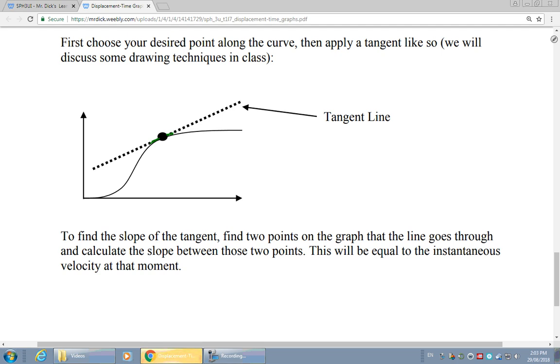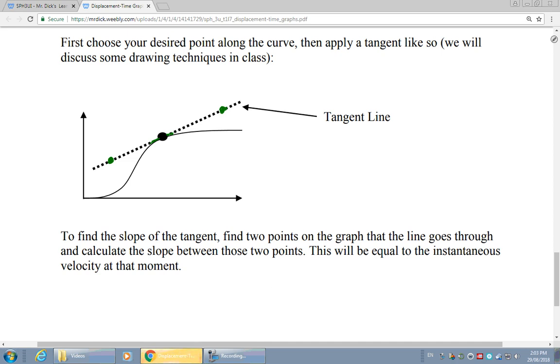If I then extend that green line straight in both directions, I get what's called a tangent line. The reason I want to extend it is because when it's extended, I can then try and identify any two other points on it. So maybe I can easily identify a point over here using its x and y coordinates, and another point over here by finding its x and y coordinates.